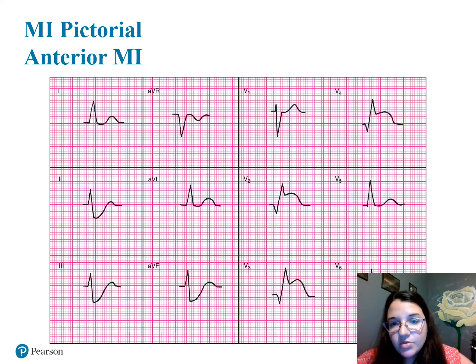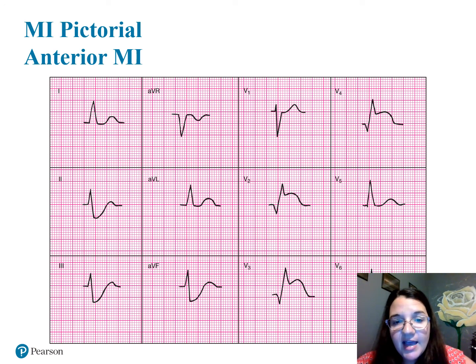So this 12 lead, you're seeing an anterior MI. The only way that you're going to know this is by memorizing that chart and memorizing what walls you're looking at and what leads, and you're looking for ST elevation.